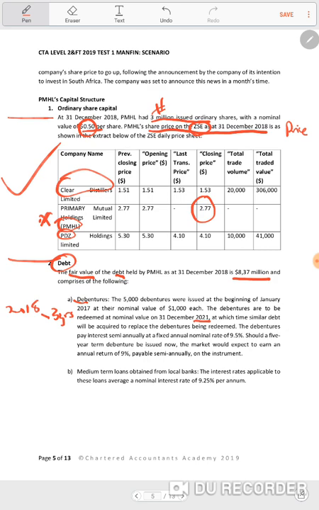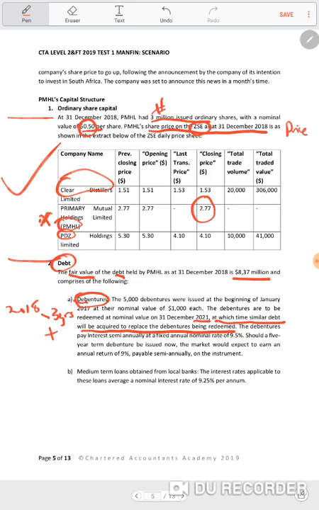But let's look for further information. At which time similar debt will be acquired to replace the debentures being redeemed. Therefore, if these debentures are going to be redeemed and replaced with similar debentures, this type of debenture is going to be a long-term source of finance, because it's going to be 3 years plus another renewal. So therefore, we can consider this debenture.